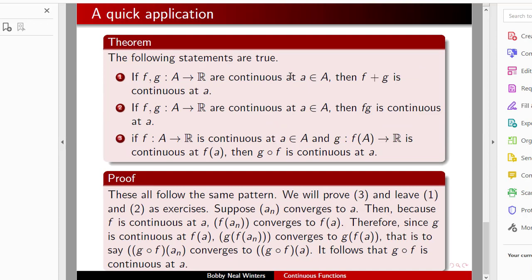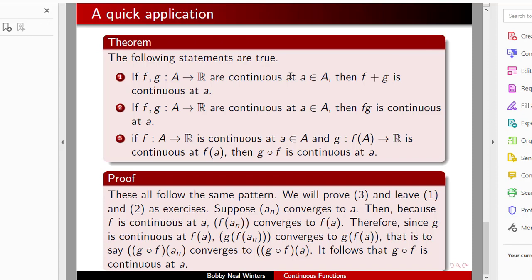The following statements are true. If f and g are continuous at the point a, then f plus g is continuous at the point a. If f and g are continuous at a, then f times g is continuous at a.